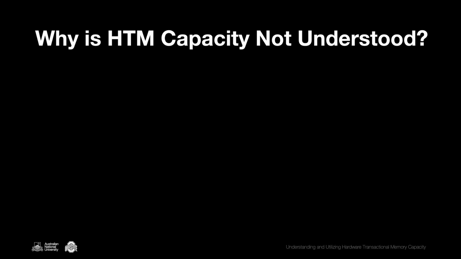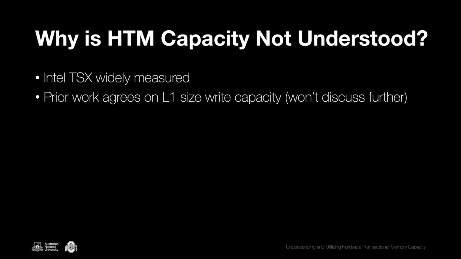As a result, people have been trying to measure HTM capacity. The capacity of Intel TSX has been widely studied as it has been widely available since 2013. Prior work agrees that the write capacity is tied to the L1 size. Our finding is consistent with the prior work, so we won't discuss it further.